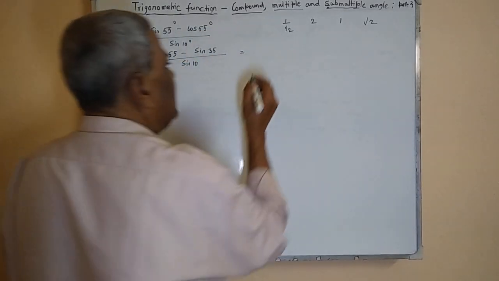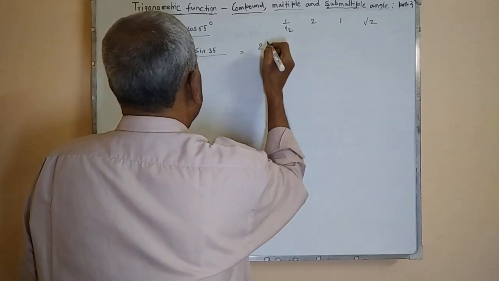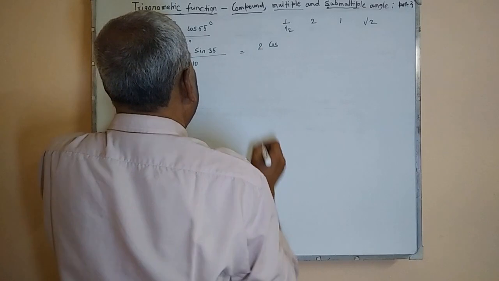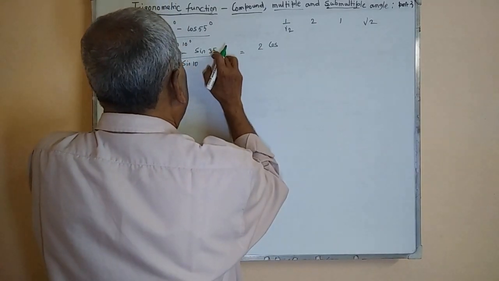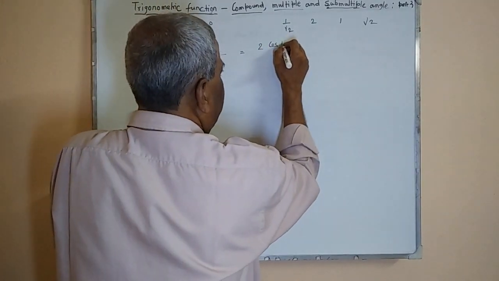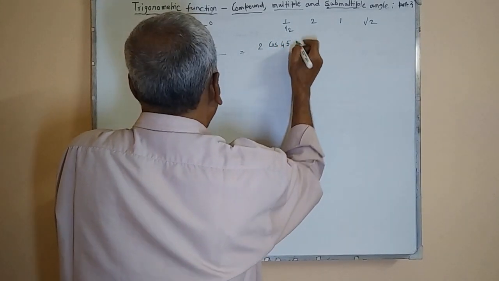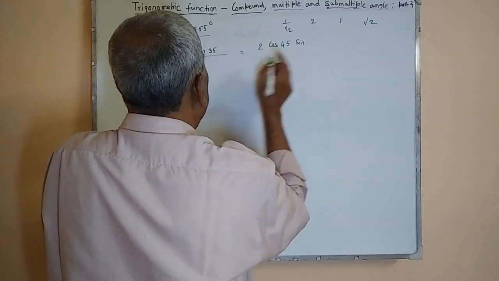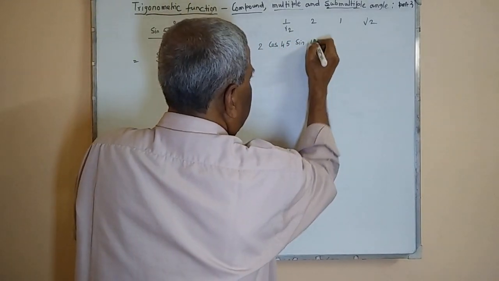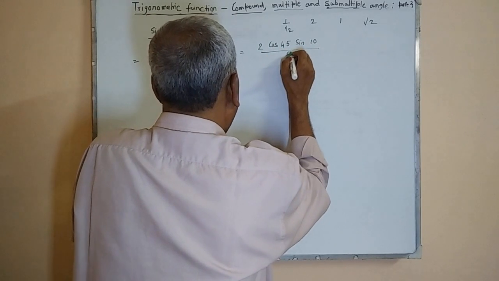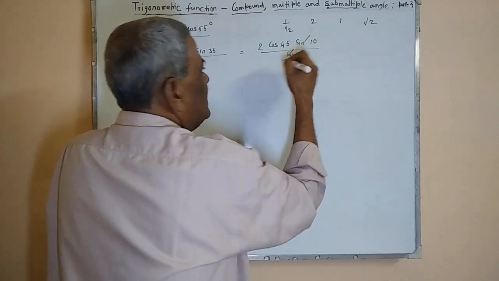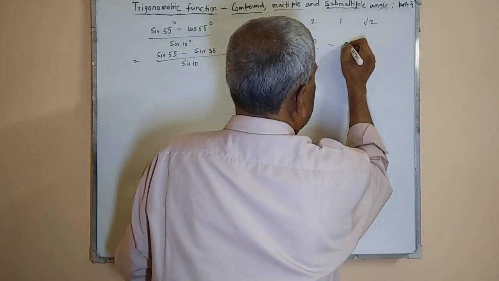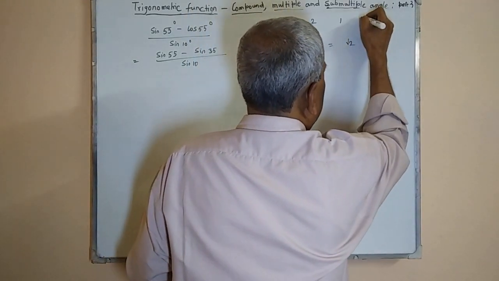Now sine C minus sine D is 2 cos of (C plus D)/2, that is 45 degree, into sine of (C minus D)/2, 10 degree, by sine 10. Fine, so this cancels. So the answer is 2 into 1 by root 2, that is root 2. So that option is correct.